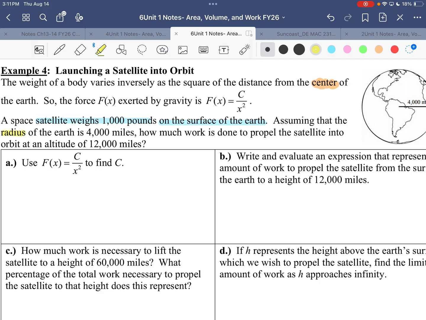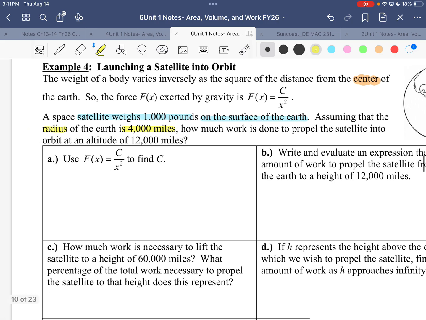4,000. So assuming the radius of the Earth is 4,000 miles, now we can figure out the force equation for this satellite. So this satellite weighs 1,000 pounds. A different satellite might weigh 2,000 pounds. It might weigh, I don't know, something else. But this specific satellite is 1,000 pounds. So this is the force equation. We're going to get the force equation for this specific satellite.